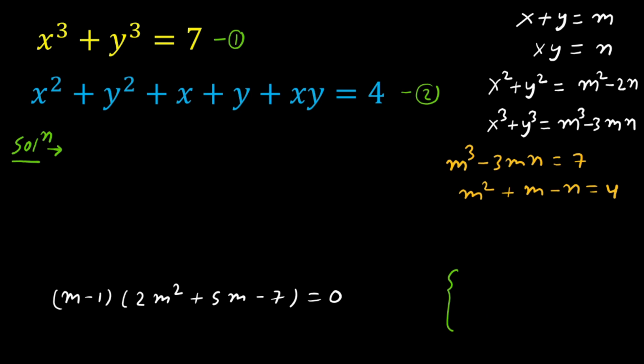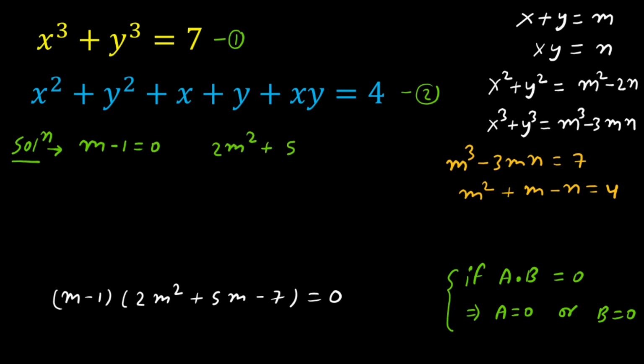Now we know that if a times b = 0, then a = 0 or b = 0. Applying this rule here, m - 1 = 0 or 2m^2 + 5m - 7 = 0.